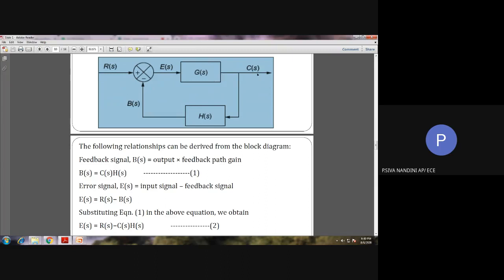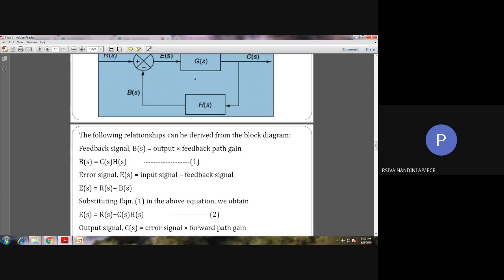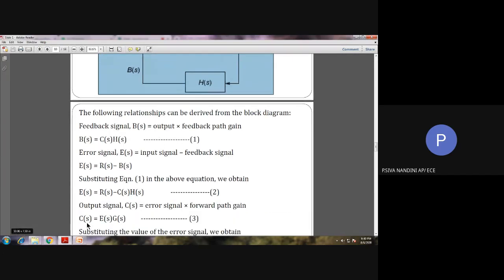So thus we can obtain the output signal as C of S is equal to E of S into G of S. See here, we have written this equation 3, C of S is equal to E of S into G of S. Then in this equation 3 we can substitute the value of E of S, which is obtained from equation 2.